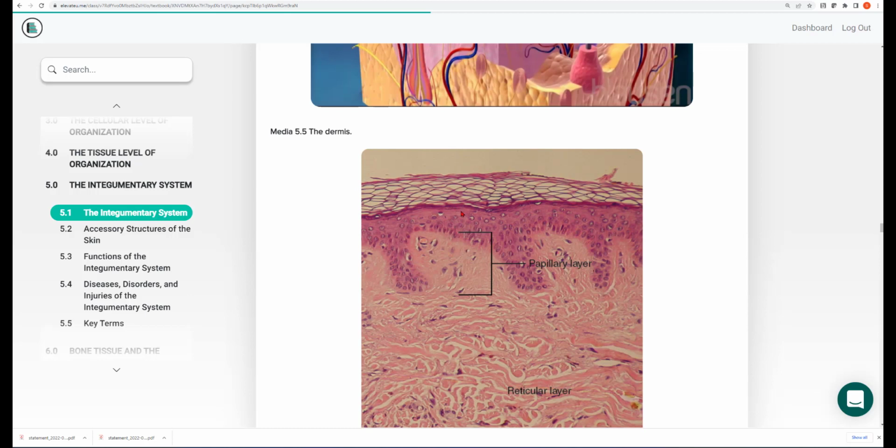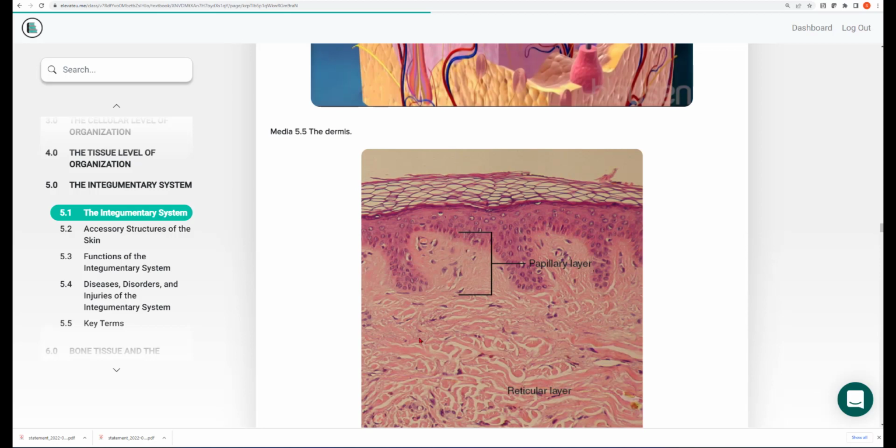This is the stratum spinosum. And then we see this granular layer, kind of gets darker. This is the stratum granulosum. And then above that, we have these dead flaky cells up in the stratum corneum. Okay, so that's a nice visualization of the layers of the epidermis.